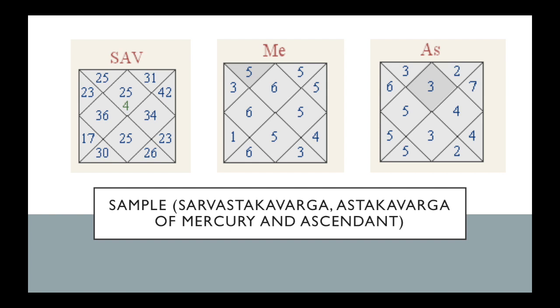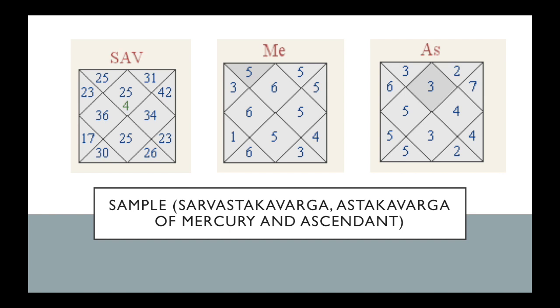It will give you average results. If the points are less than 25, 24 and below, then it's considered to be a weak house, or not a strong house, so it may not give you the desired results. 29 or above, it's a strong house, so it will give you the desired result.